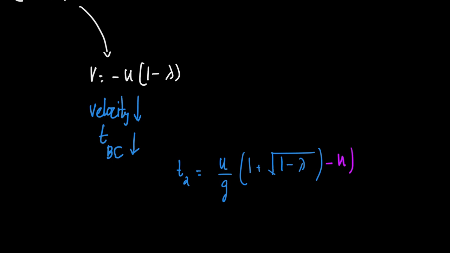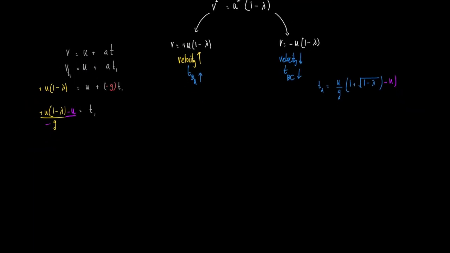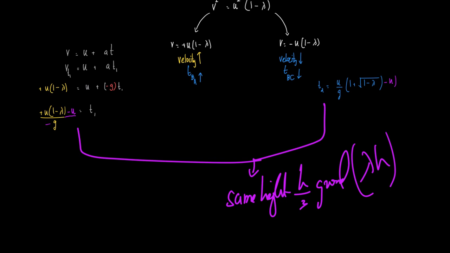So we found out the expression for two time instances, t1 and t2, which corresponds to the same height h by 3 from ground for any fraction of height lambda h. Hope that makes sense.